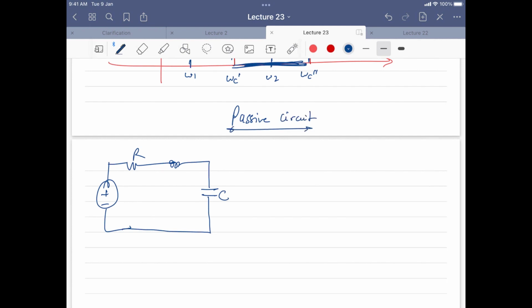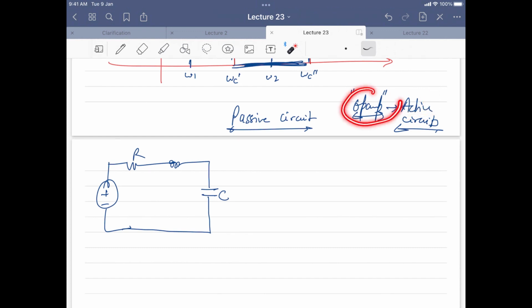And anything which involves op amps, along with RLC connected to that op amp, that doesn't matter, but anything which involves an op amp is called an active circuit. I don't want to go into the details of this, but remember that anything which involves R, L and C, we call passive circuits. Passive you know already, but for active, remember that if op amps, operational amplifiers, are there, then they are called active circuits.